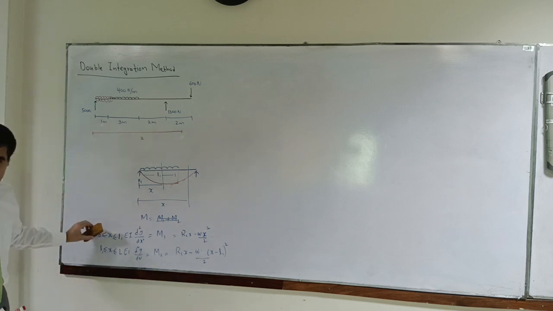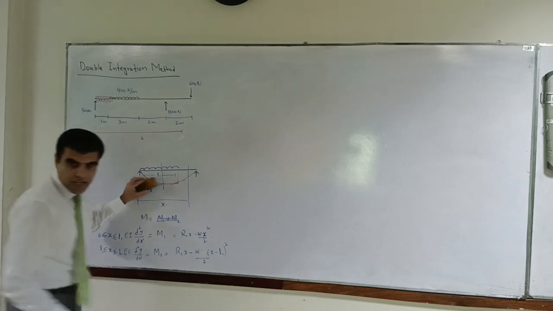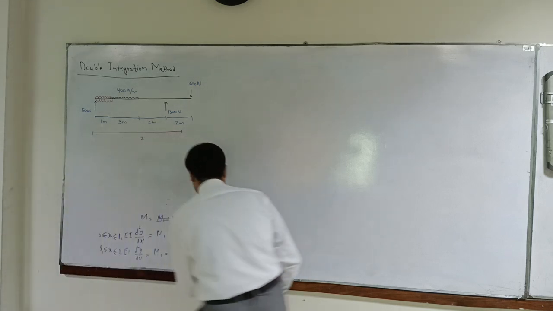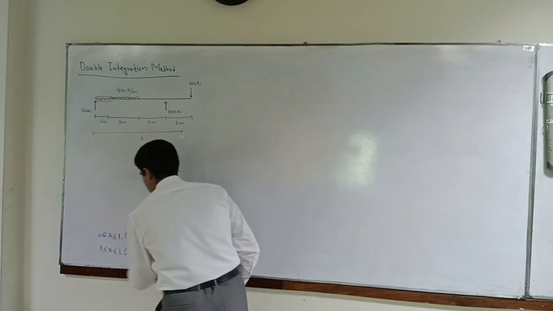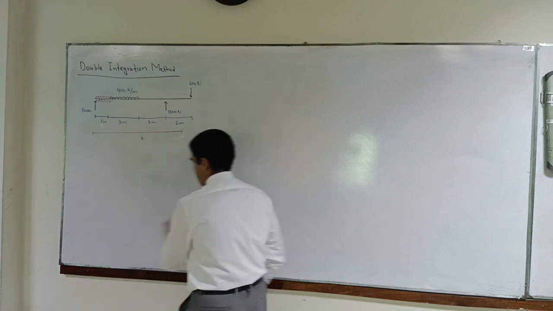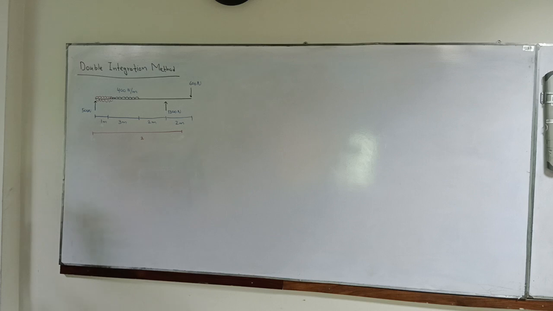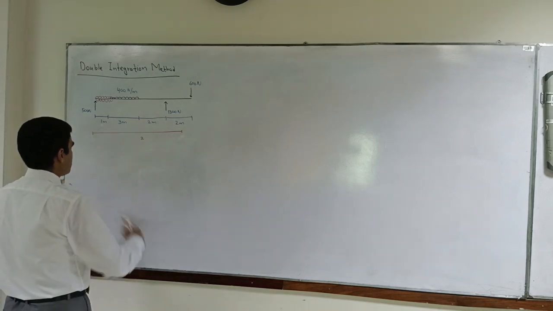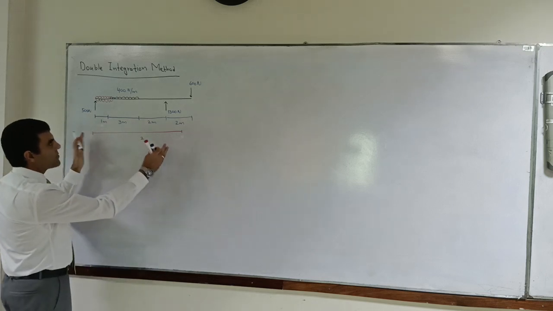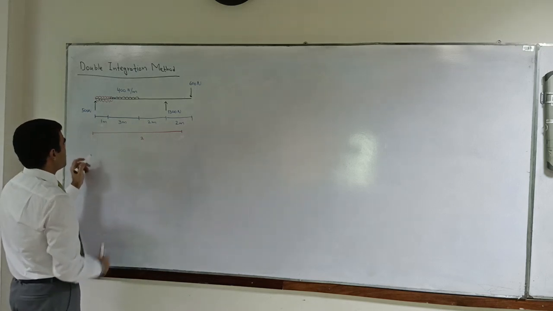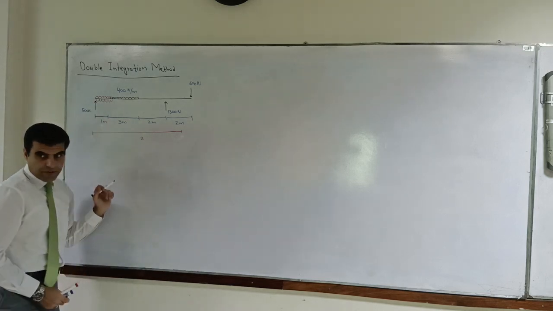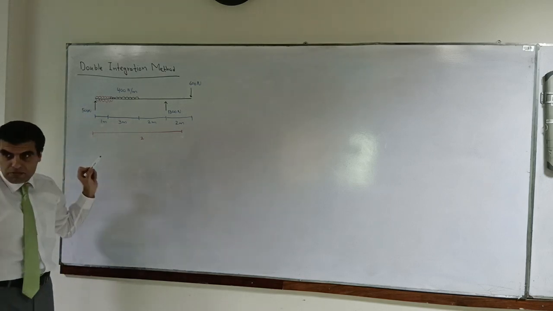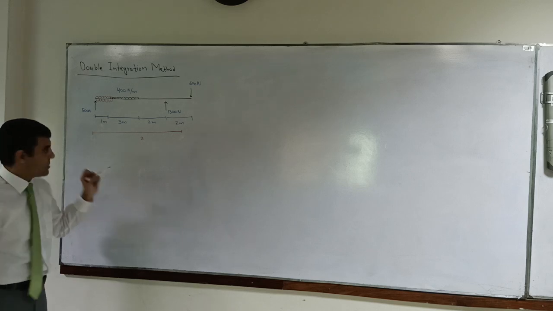Should I wipe it off? Should I remove it? So, what happens is that we have the moment equation having a UDL starting from the support, from the left support.